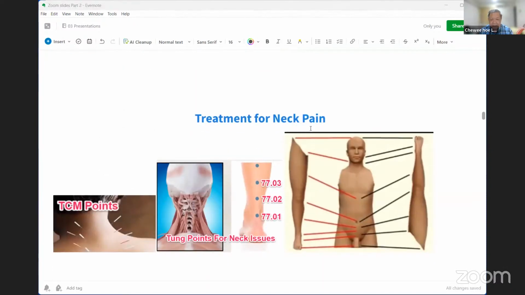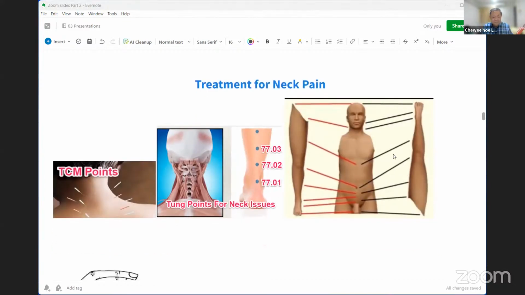So, neck pain. Now, neck pain. Earlier, I already mentioned the wrist is the neck, but the ankle is also the neck. All right, ankle is neck. So, again, this is a quick tip.